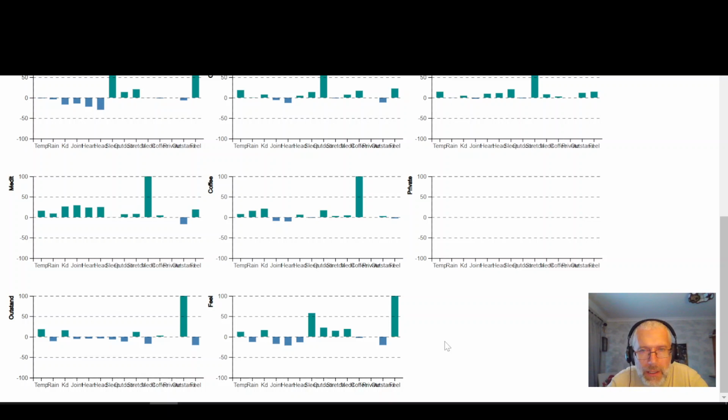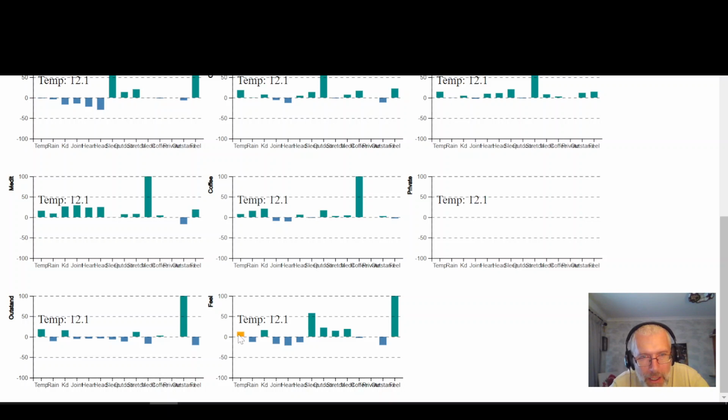And every plot here shows those correlations for the indicators we have measured in this mission. The y-axis shows, for example here, the indicator feel, how that person felt during the mission.